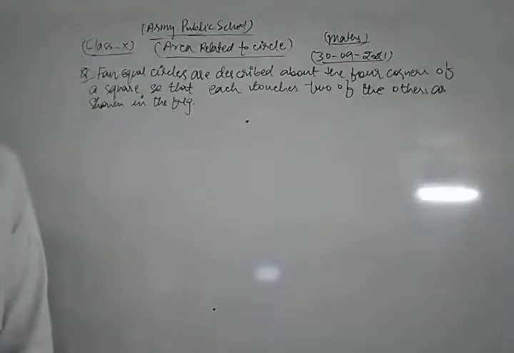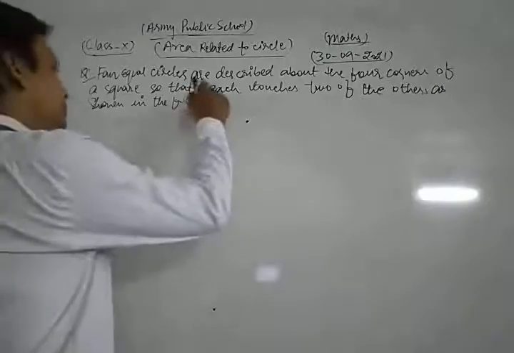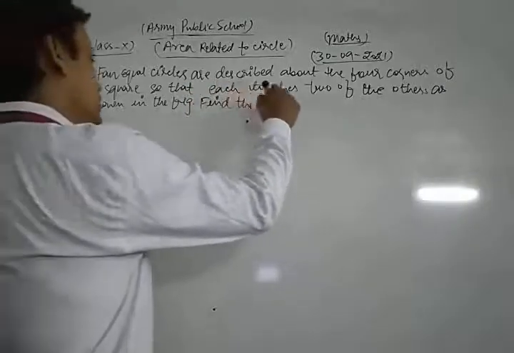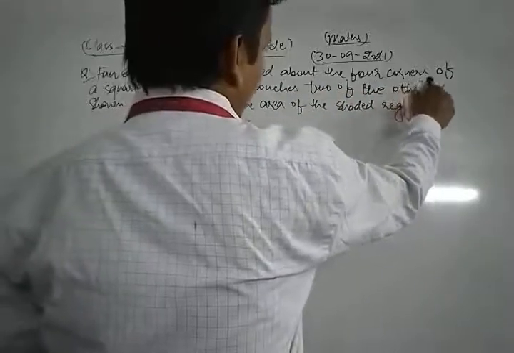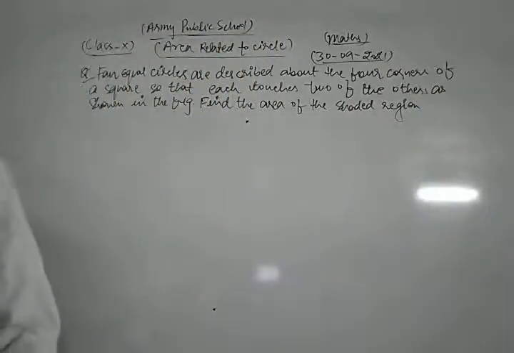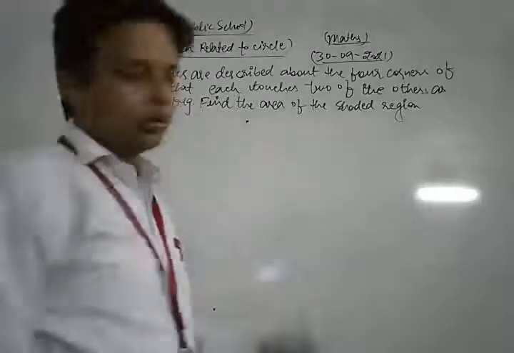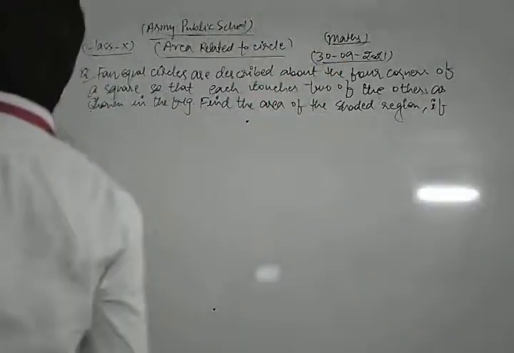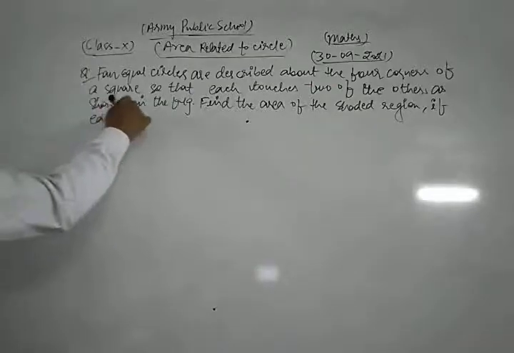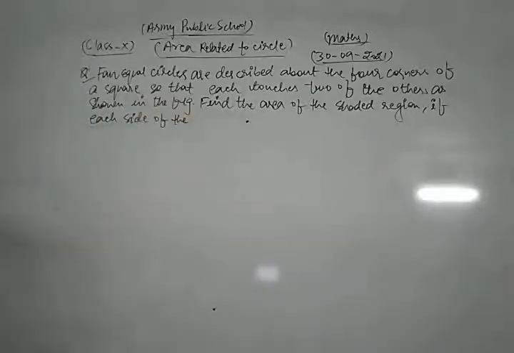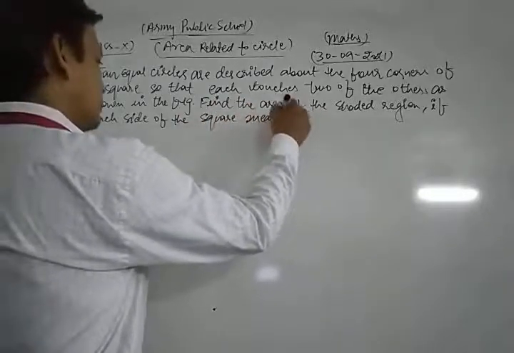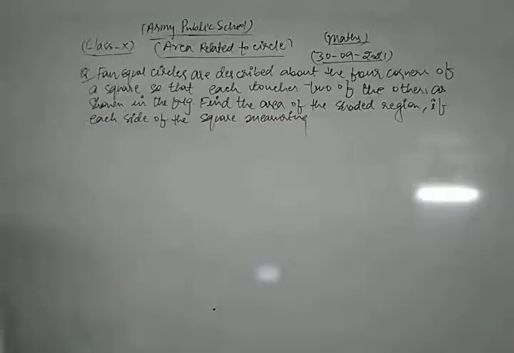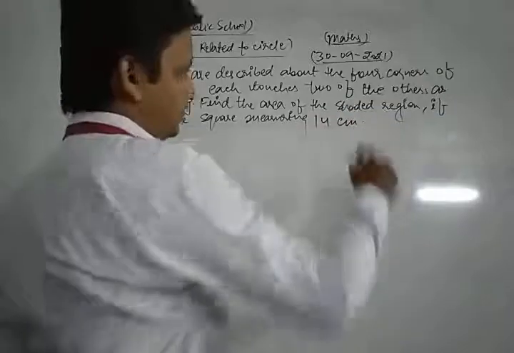Okay. Find the area of the shaded region if each side of the square measures 14 centimeter.